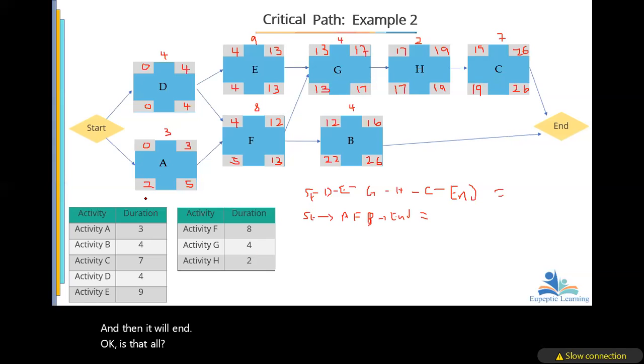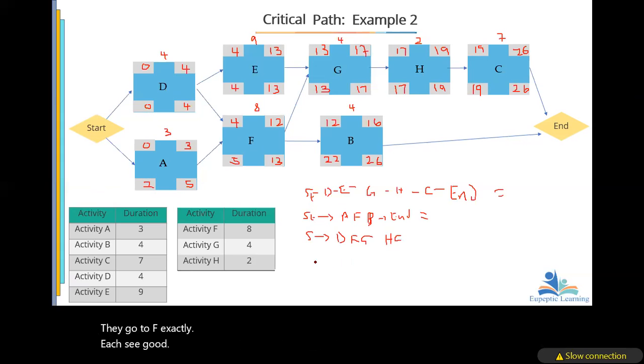No, there are a lot more to look at. The other, you go to start again, then you go to D. You can go to F, exactly. Then you can go to G. Exactly. Then H, C, good.